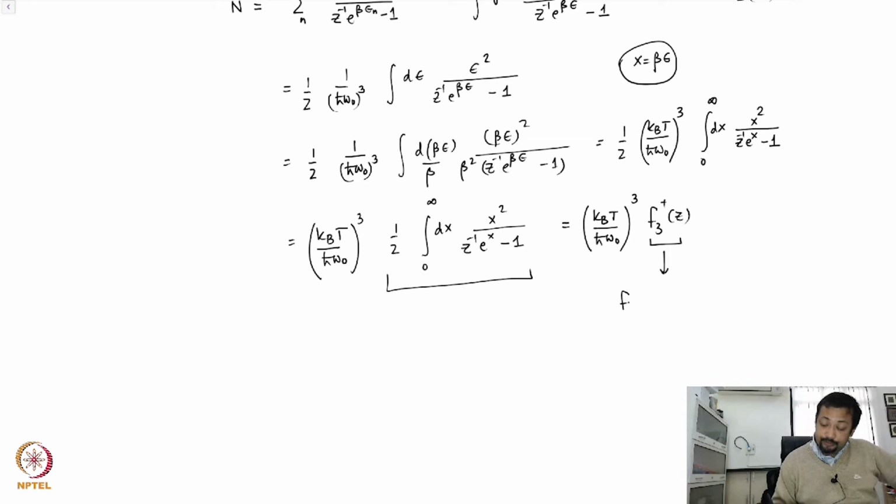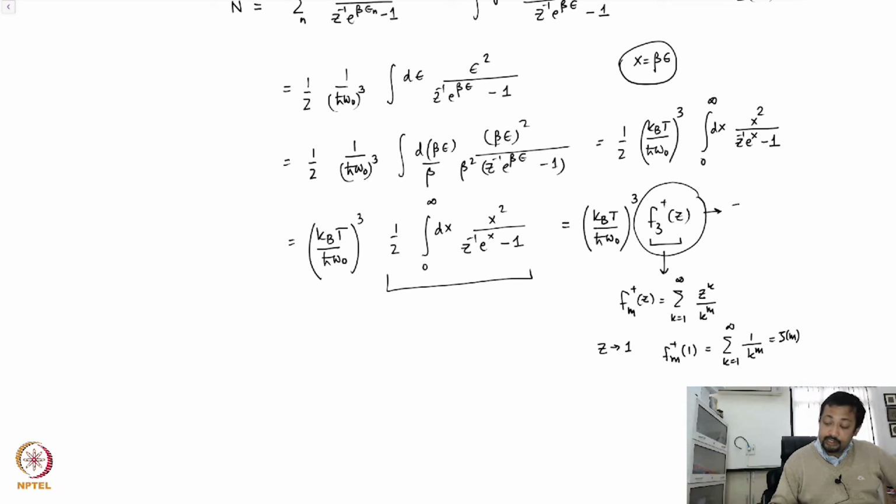If you recall, f_m⁺(z) is the sum over k equal to 1 to infinity of z^k divided by k^m, and when I hit z = 1, I have f_m⁺(1) going to be the sum over k equal to 1 to infinity of 1 over k^m, which is ζ(m), the Riemann zeta function. So this function now hits the upper bound, which is ζ(3).